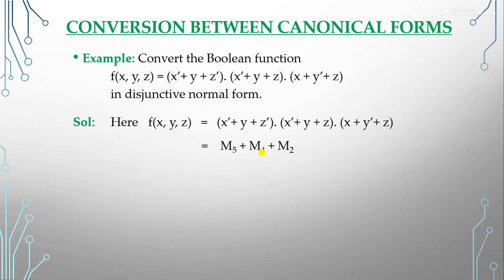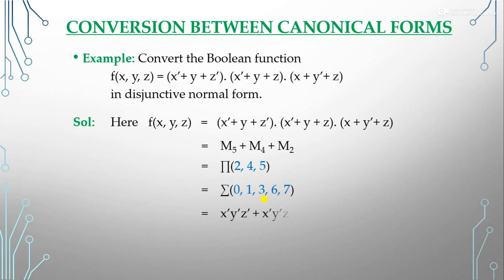So you use that three variable table, and you can see that in terms of max terms, this represents capital M5, this represents capital M4, and this represents capital M2. So in product form, we can write 2, 4, 5. And when we convert this into the summation form, what are the elements that are not here? 0, 1, 3, 6 and 7. So those will be included in our summation form.